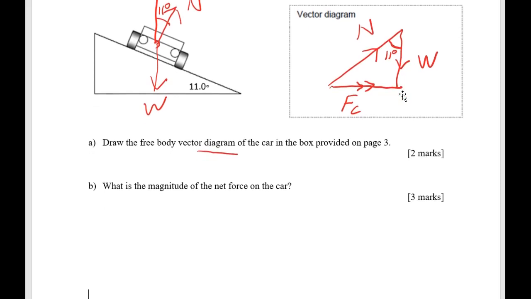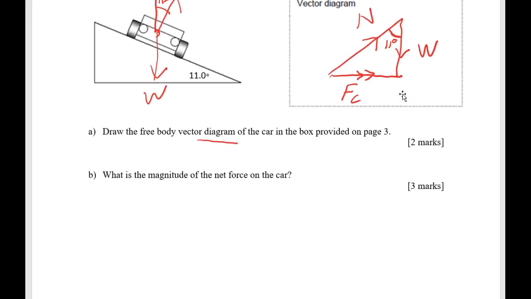Now let me proceed. How about the magnitude of the net force? How do I find FC? FC here you can find by using this right angle triangle. You do know that the W and FC make 90 degree. And perhaps I can use tangent.